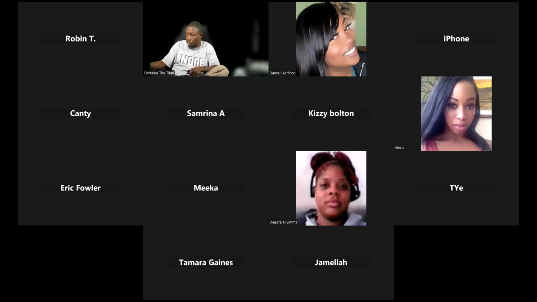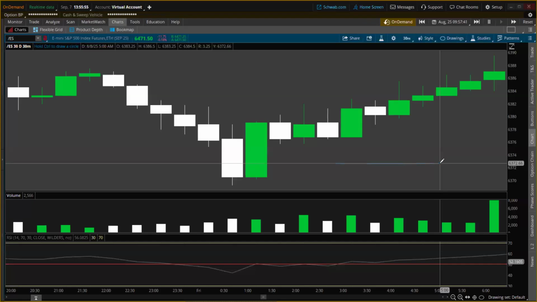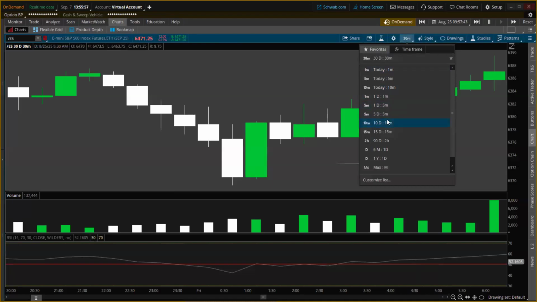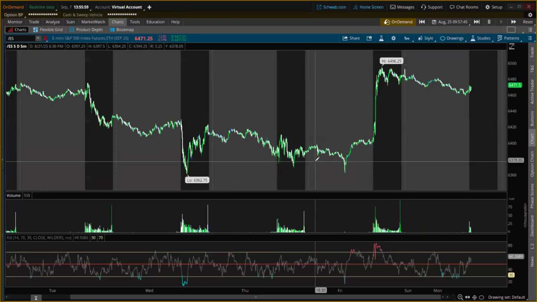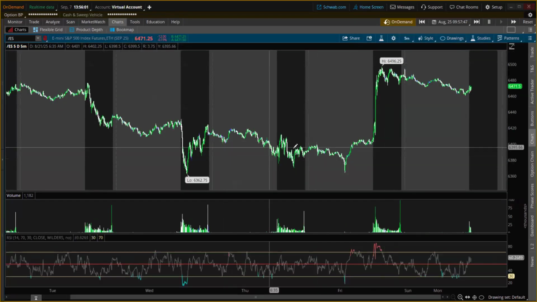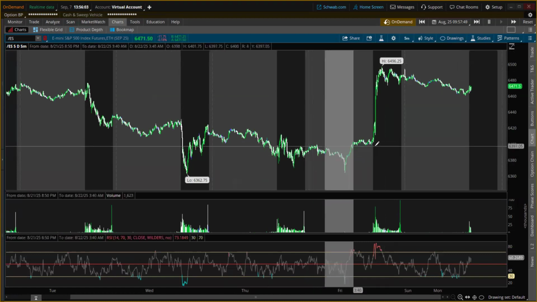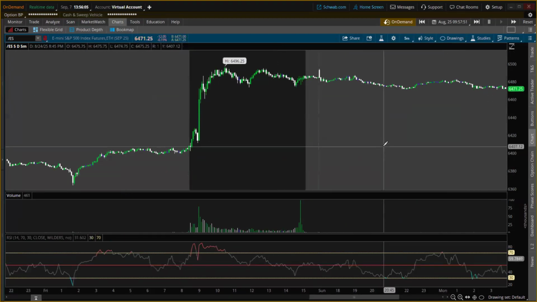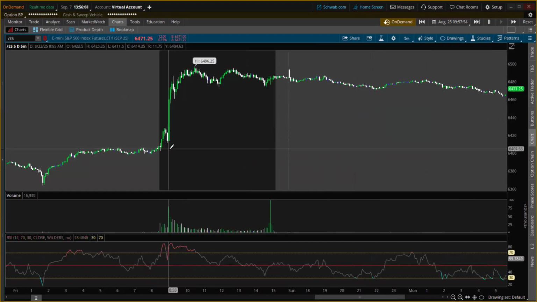Okay. So let me reshare this, right? Because I'm going to show y'all in the general sense, let me move this back to 5 minutes. In the general sense, you want to trade when the candles are moving completely in your direction, right?